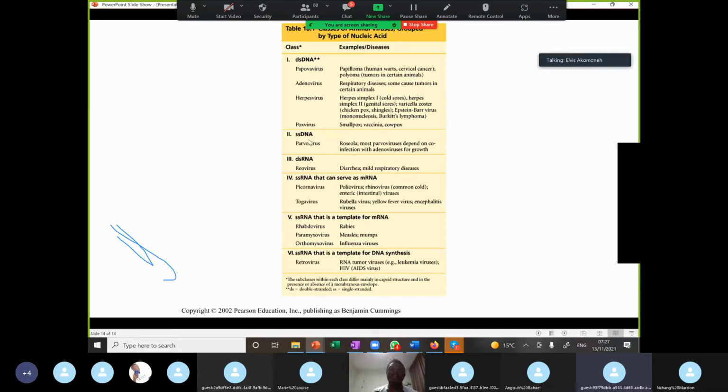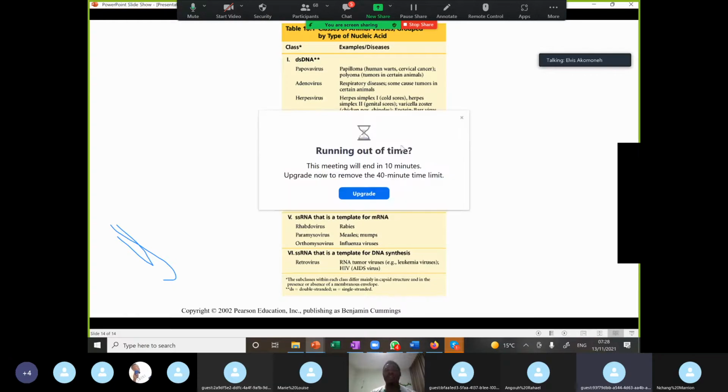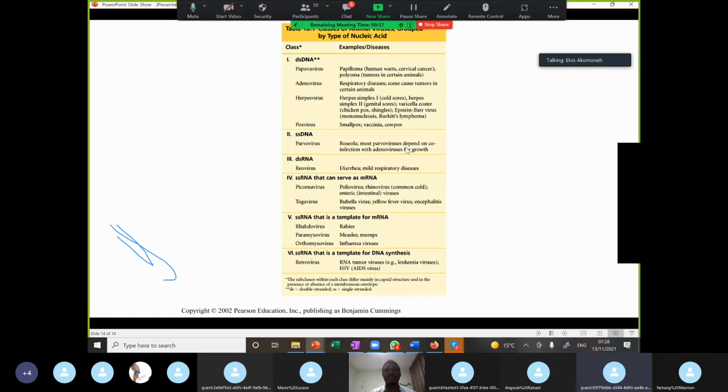Also, it could be a single-stranded DNA virus. So you also find the parvoviruses classified here, but remember that these are very rare viruses.